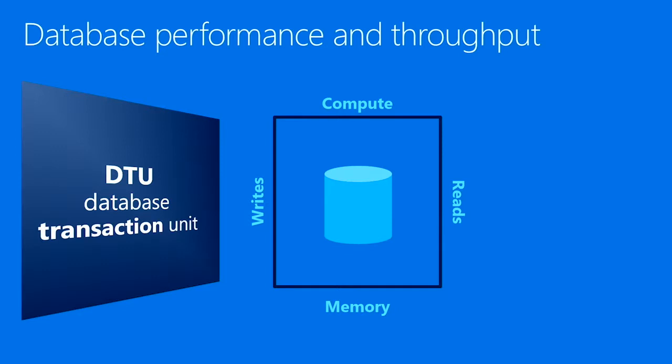The unit we use to measure the sizes of different databases, and for you to size your workload, is called DTU, Database Transaction Unit. Think of it as a bounding box for your database, because the resource utilization for your database really is compute, memory, and I/O. That's what the database transaction does.